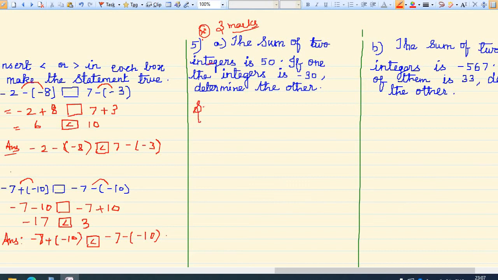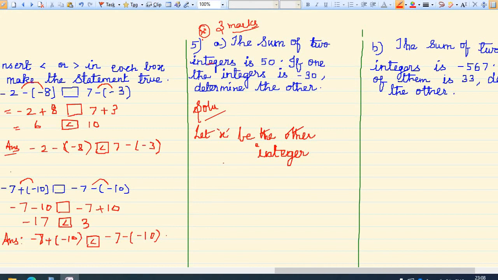So listen children, I am going to consider the other integer be x. Let x be the other integer.